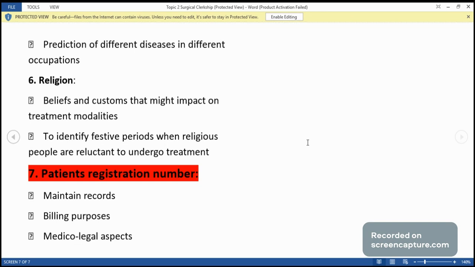So that is that. And talk about patient's registration number. Talk about religion, belief, and custom that might impact on treatment modalities. There are Muslims who are contraindicated if it comes to some drugs. They don't want to use them.